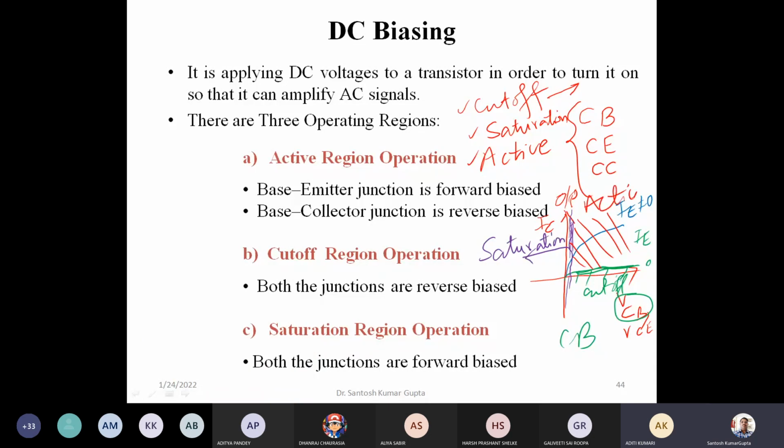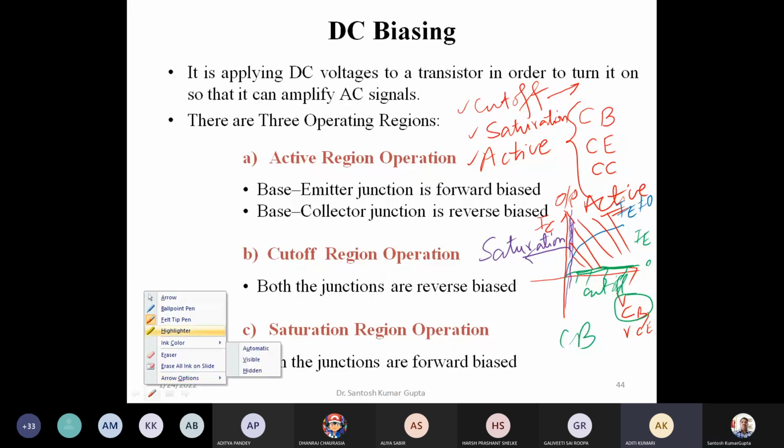In the active region also, in the last lecture we saw that we cannot randomly increase VCB to a large value, and also we cannot increase IE to a large value, because power dissipation also happens. If the power dissipation is large enough in the device, then it can break down. So we have also seen such a curve, something like this.